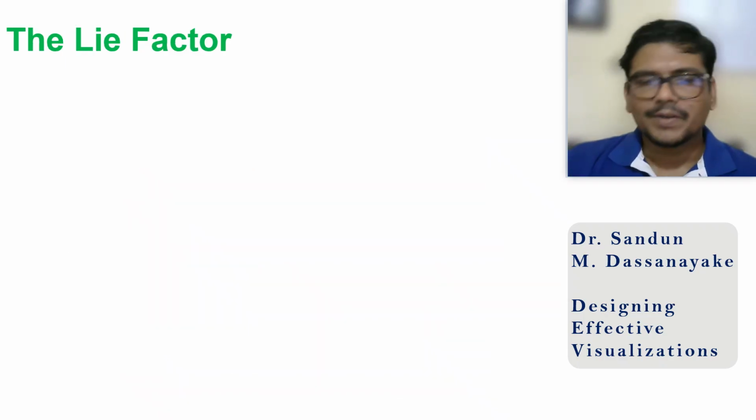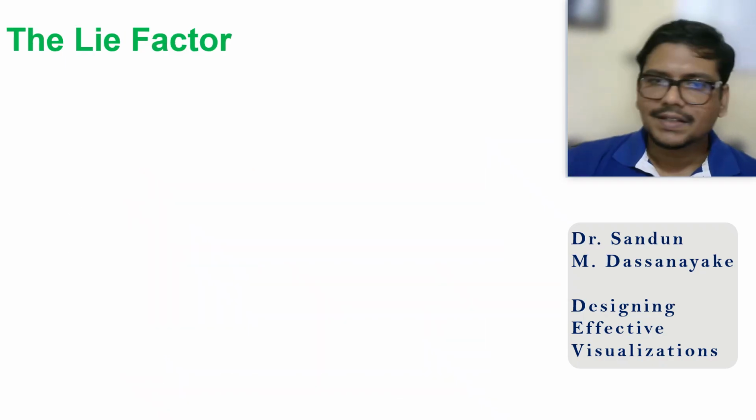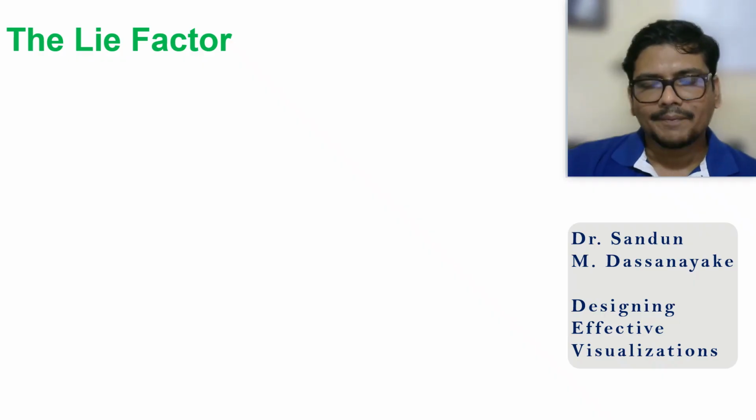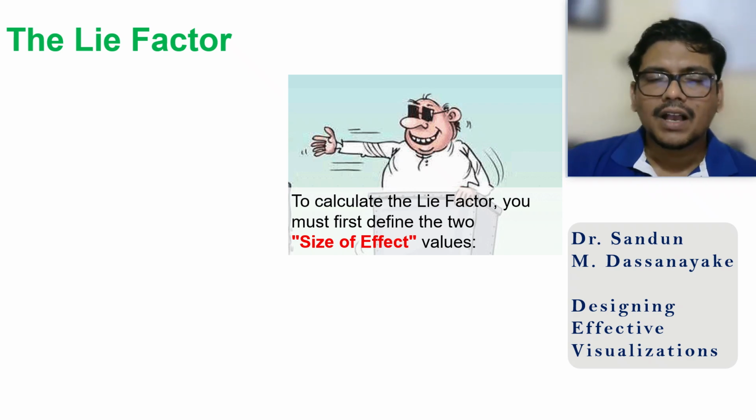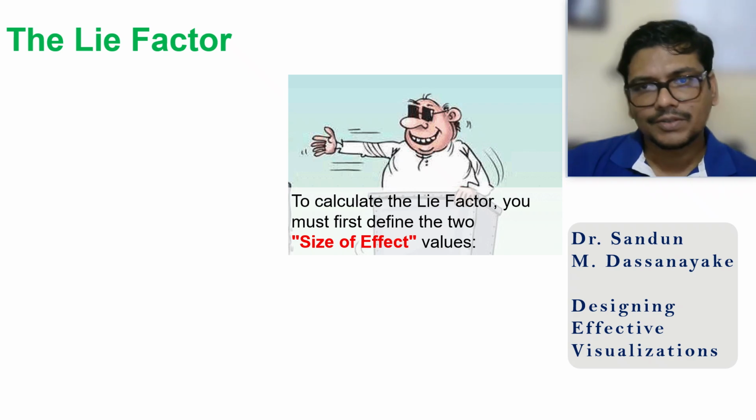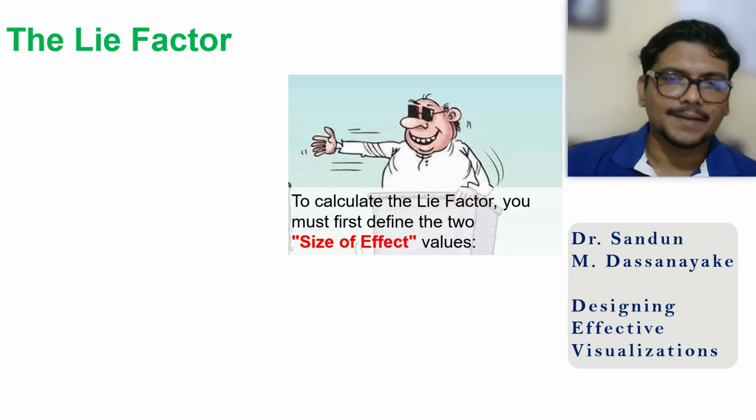Now let's talk about an important concept in graphical integrity, the lie factor. The concept of lie factor serves as a quantitative measure of how much a graphic distorts the underlying data.